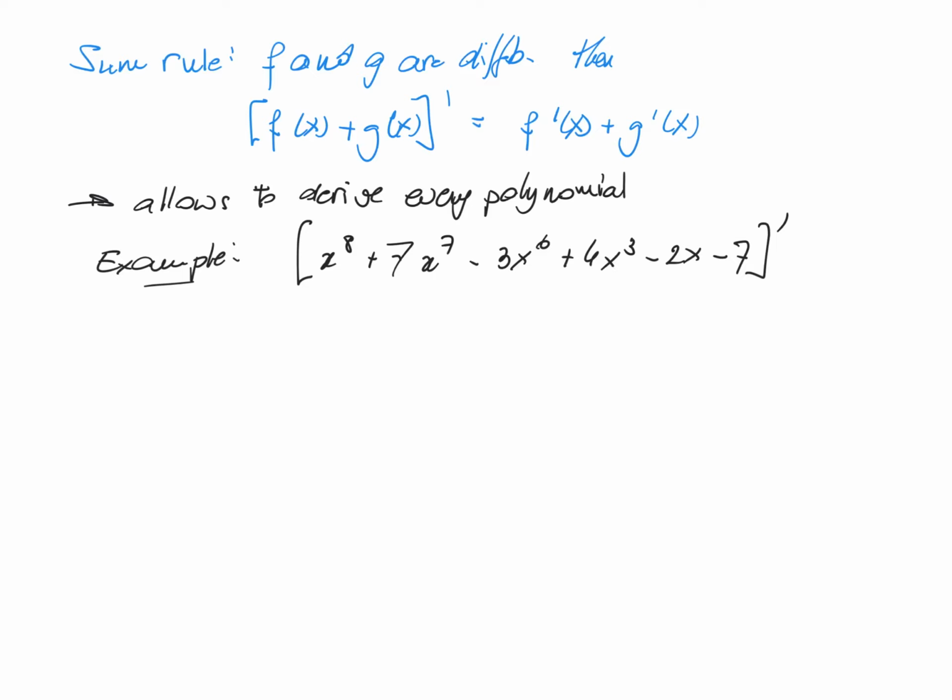And then for each of those separate derivatives, you apply the rules with taking the constant out and lowering the power. So this will become 8 times x to the power 7 plus 49 x to the power 6 minus 18 x to the power 5 plus 12x squared minus 2 minus 0. So this is the derivative of the polynomial. Very trivial, very easy to see.